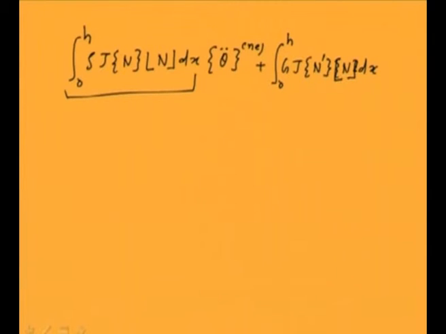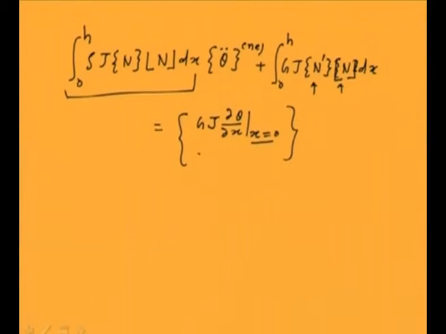This is a row vector, this is a column vector, equal to, here we are substituting the value of x equal to 0. You can see that at x equal to 0, N1 becomes 1 and N2 becomes 0. So we will be left with this particular term.